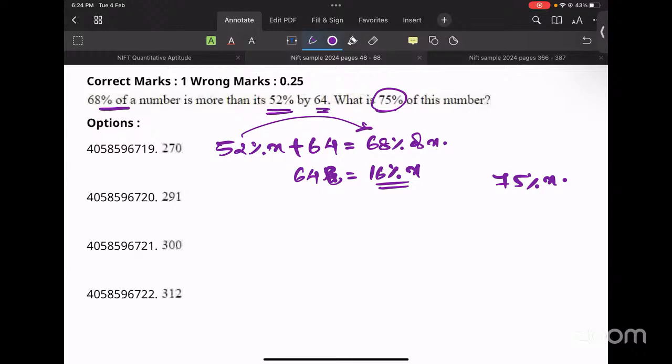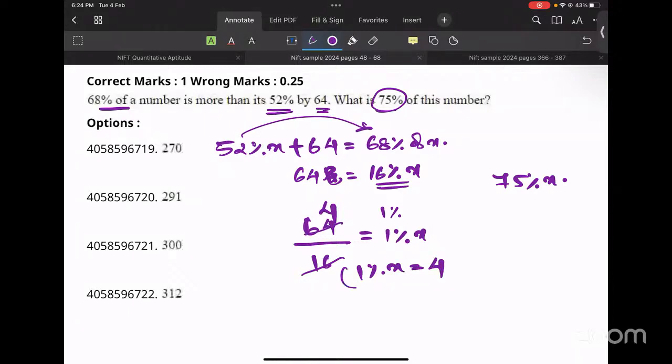So from the 16%, you can solve for 1%. 64 by 16, that is equal to 1% of x. So 64 by 16, that is 4. So 1% of x equals 4, then 100% of x.